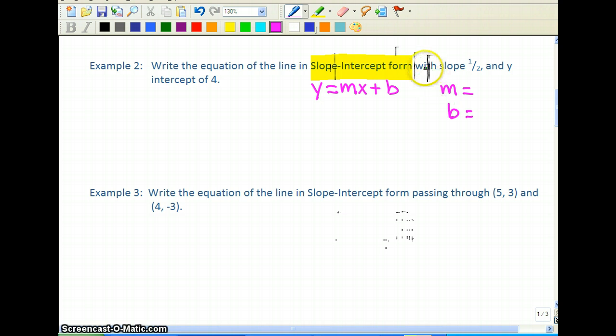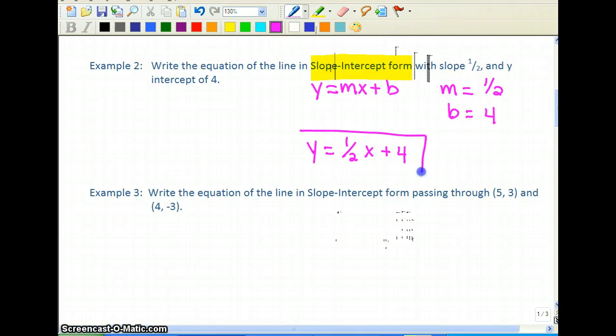Well, let's see. They give us the slope is 1/2 and the y-intercept is 4. Well, the y-intercept is b. So we have everything we need to plug into this formula. So our answer is y equals 1/2 x plus 4. And that's all you need to do. Now they do get more difficult.